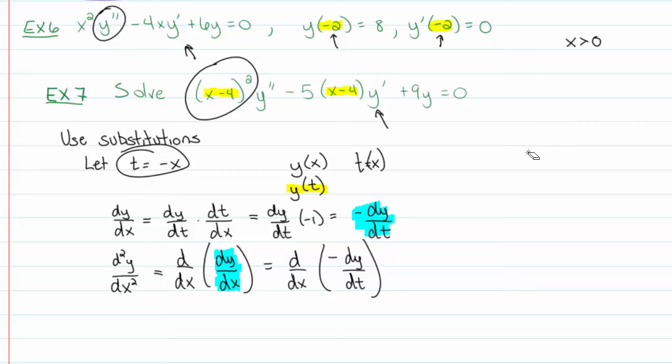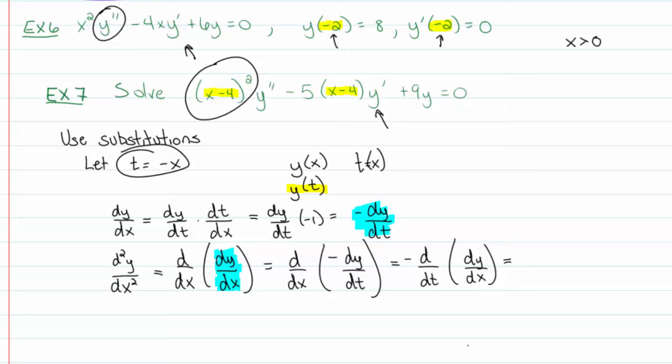So instead of taking the derivative of y with respect to t and then the derivative of that with respect to x, we swap the order and say it's the same thing as the negative derivative, because I can pull a negative out, with respect to t of the derivative of y with respect to x.